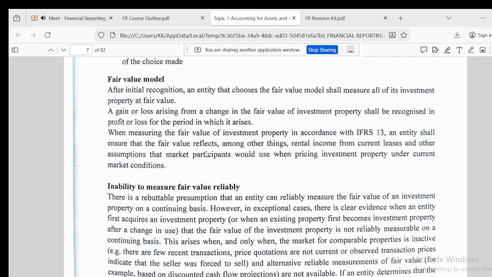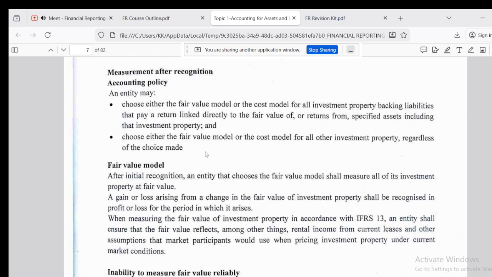For example, if you don't have enough knowledge of the processes you have to undertake in order to acquire a piece of land, and then you go for a fair value model, it means you may have assumed that these are the people supposed to be involved in the whole process, to help you.